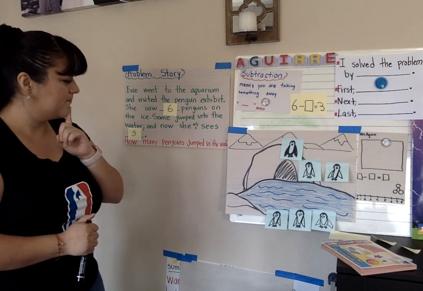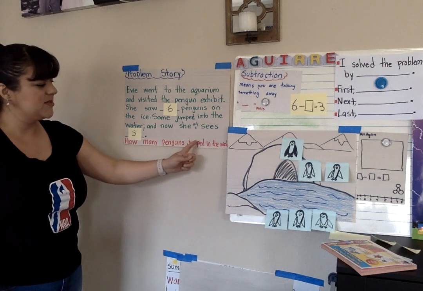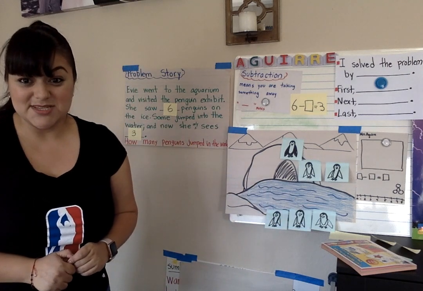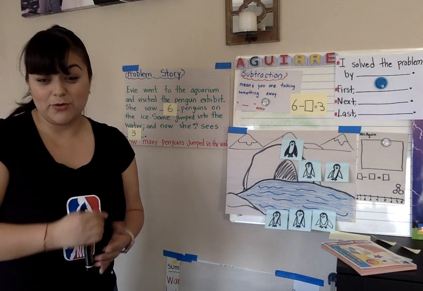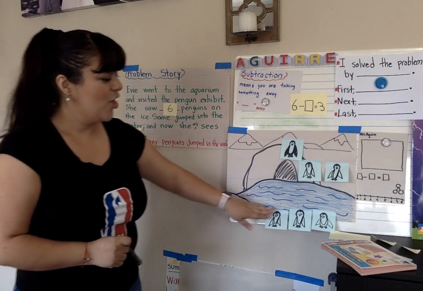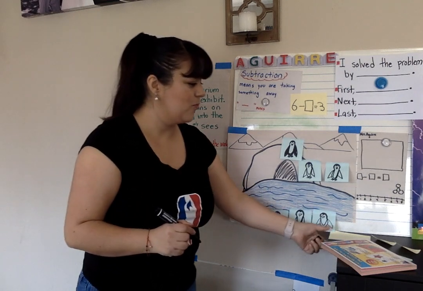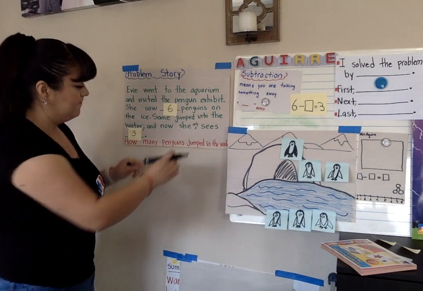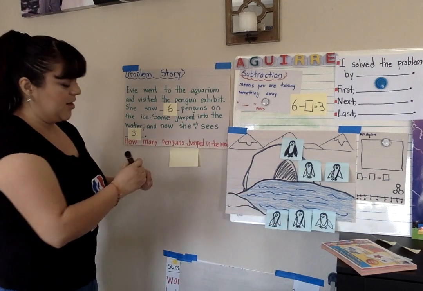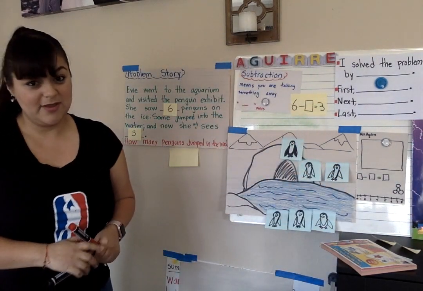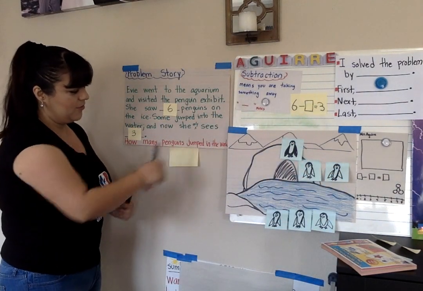So, how many jumped into the water? How many penguins jumped into the water? ¿Cuántos se fueron en el agua? 3. Very good, boys and girls. So when you write your answer for today, cuando hagan su tarea en casa por hoy, quiero saber cuántos se metieron en el agua.